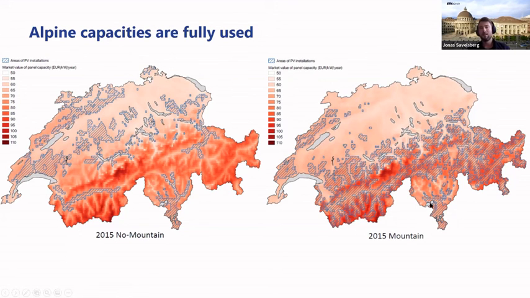Exactly, and I think the other important thing to say here is that driven by our market logic, really we push a lot of generation into the mountains. And so in this mountain scenario, we have about 80% of the generation in areas that are above 800 meters above sea level.